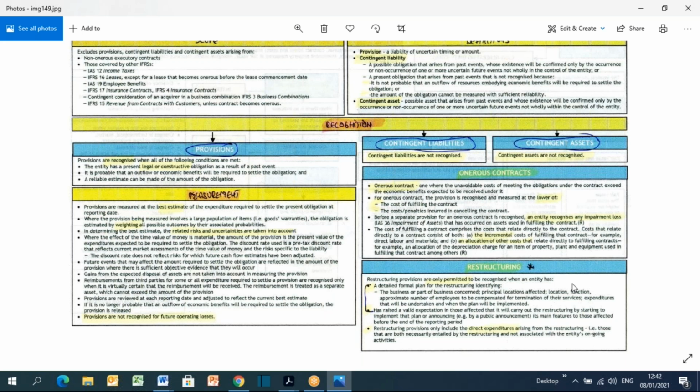Restructuring provisions, they're also very important. They're asked a lot. When a restructuring provision should be recognized, you should know this theory. It's extremely important.